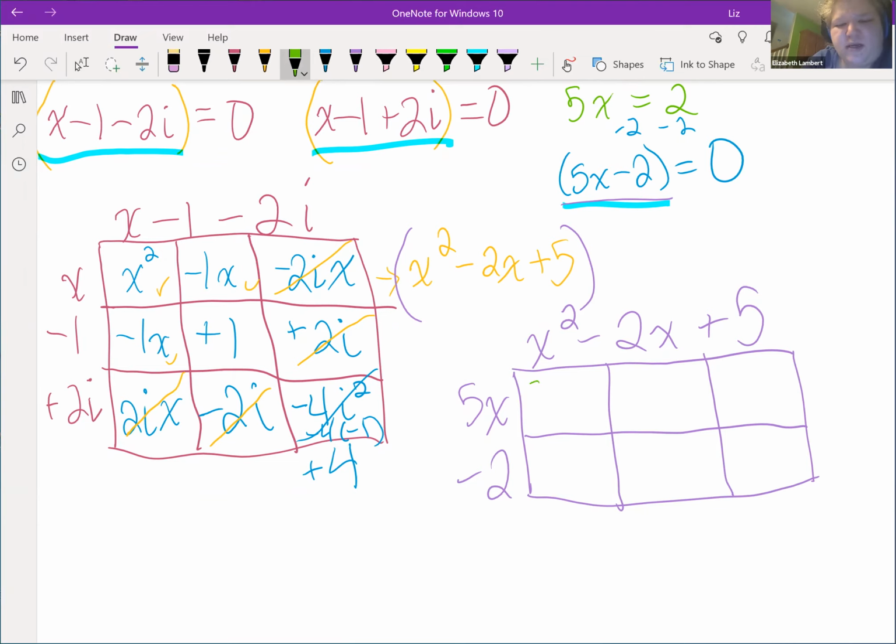5x times x squared, that's 5x cubed. 5x times minus 2 will be a minus 10x squared. Double check the powers on the x's, because sometimes you guys tend to misplace one of the powers. But within a row or within a column, you should not see any like terms.